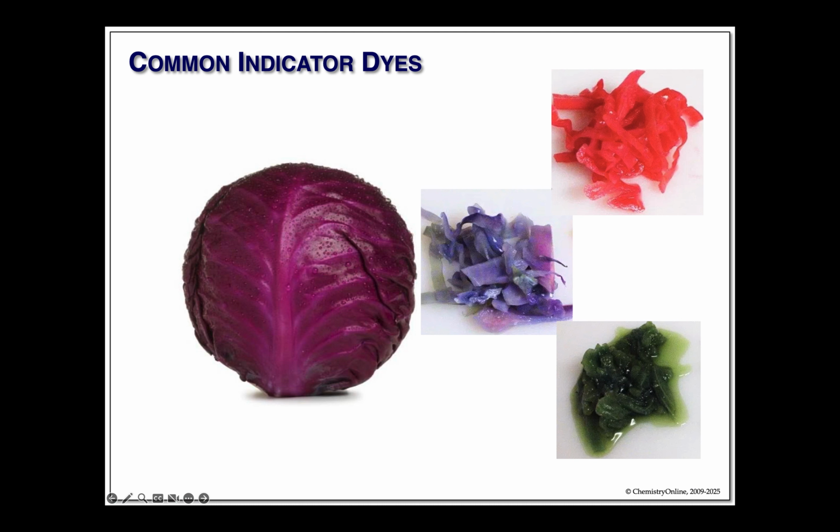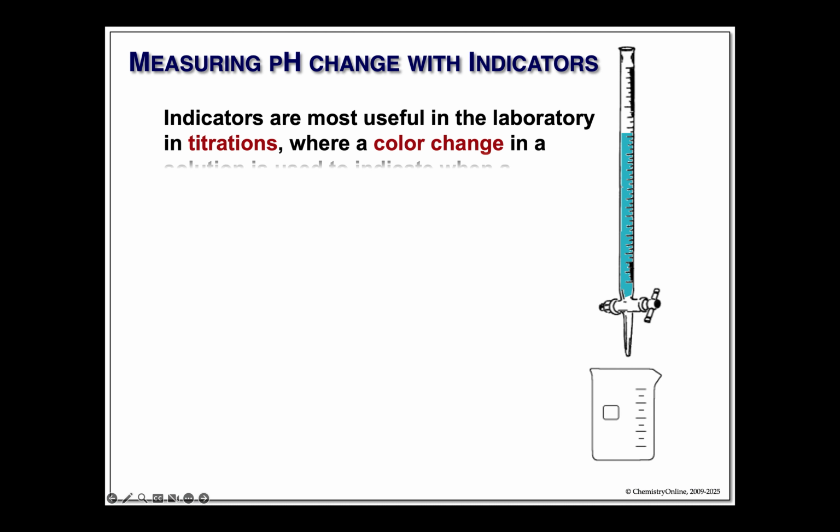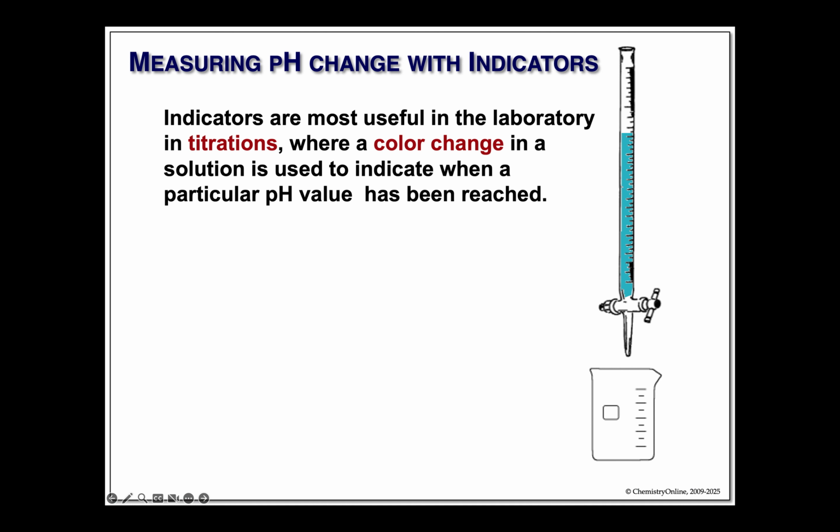All right, indicators are used in what are called titrations. Again, titrations are a general chemistry thing. You use what's called a burette. A burette has a stopcock, so you can turn the fluid on and off. And this is a scale in milliliters.